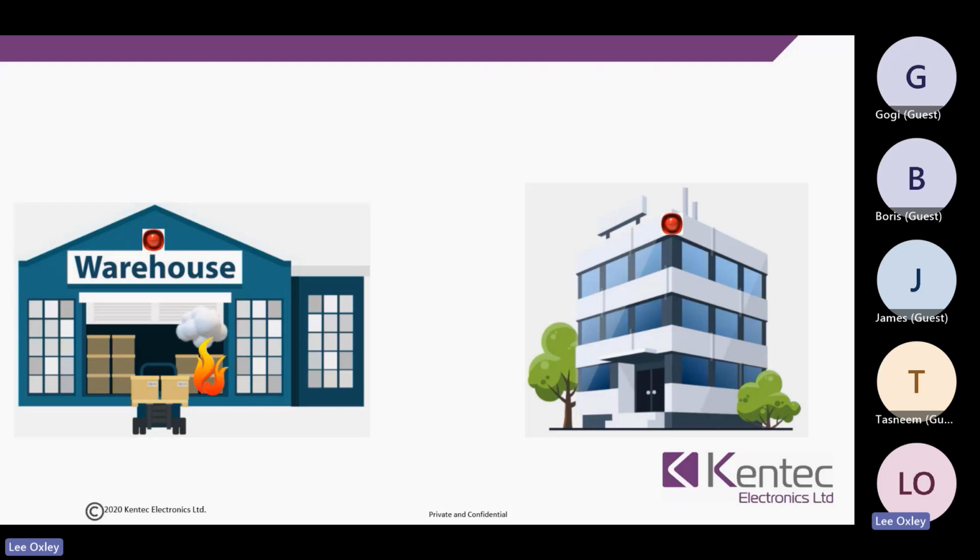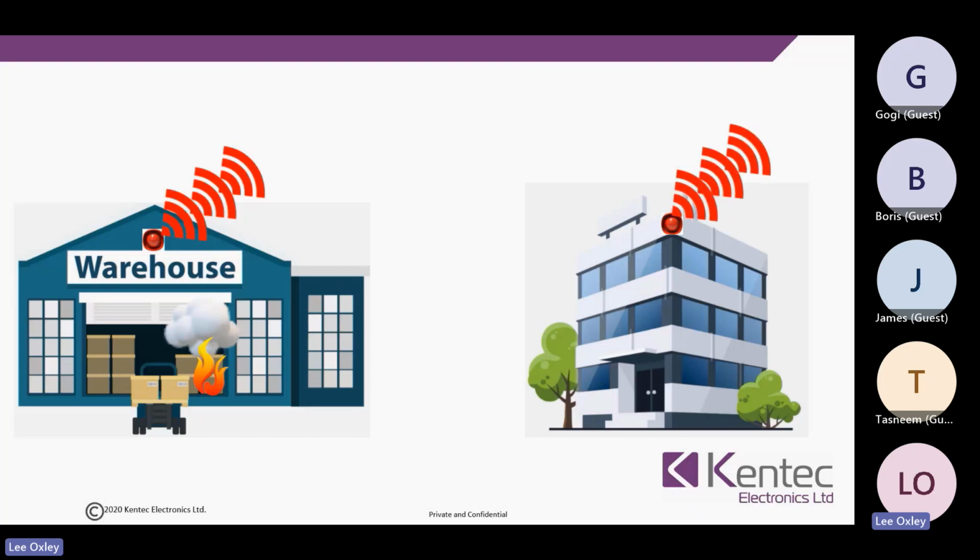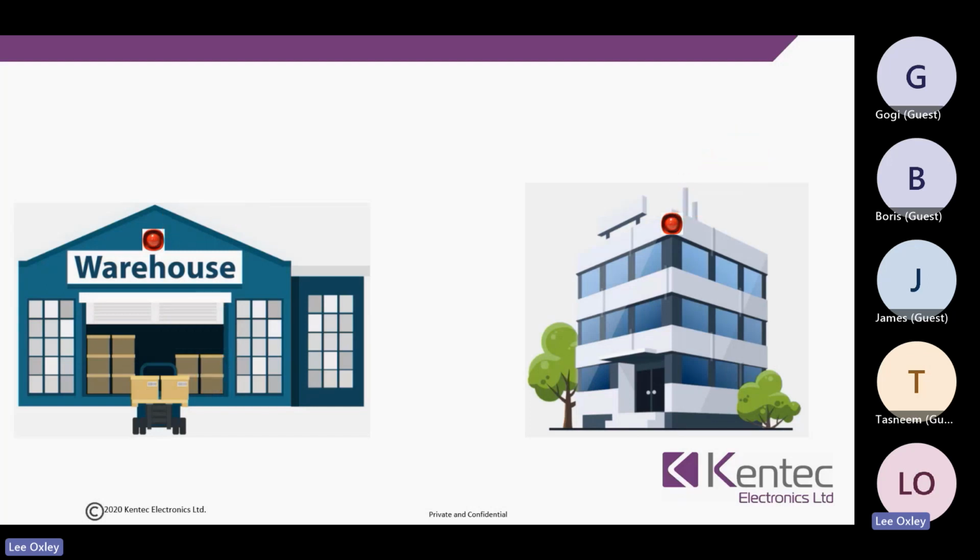So for example, if there was a fire in the warehouse, you'd want the sound to go continuous, so the staff can now evacuate. With regards to the building next door, a warning signal, an alert signal to alert the staff that there's an issue in the warehouse next door. And the same could be said the other way around.